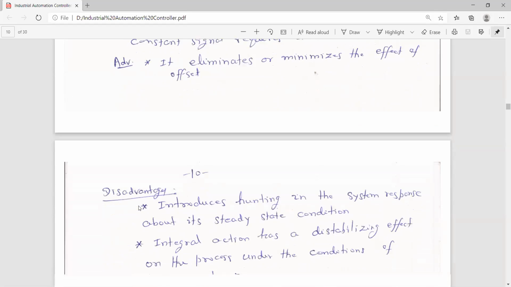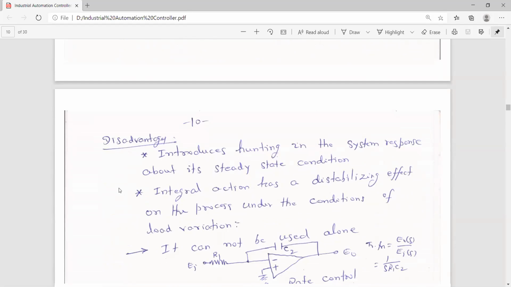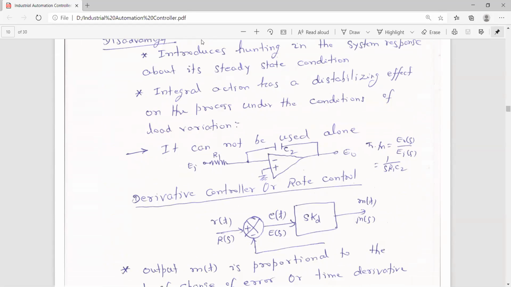But this one has a major drawback. The disadvantages: it introduces hunting in the system response about its steady state condition. So what is the meaning of hunting? Hunting means around the steady state, the output is going to search for the final value. Means it is moving up and down around the steady state value, but it is not getting the final value.